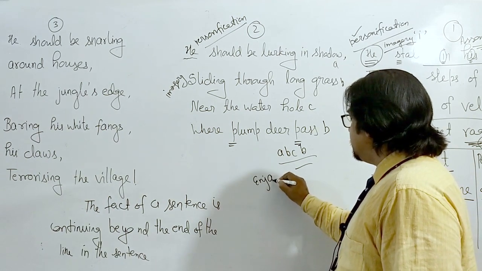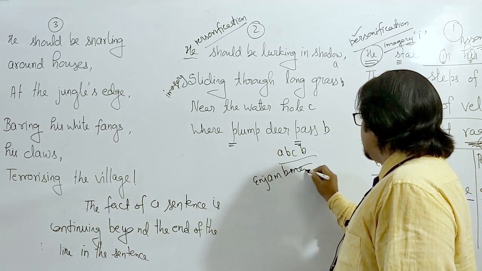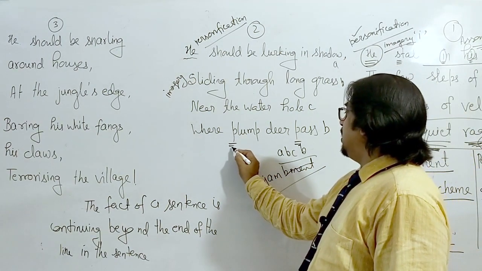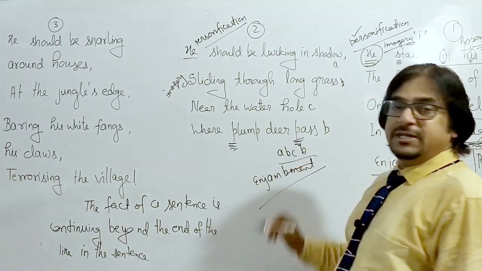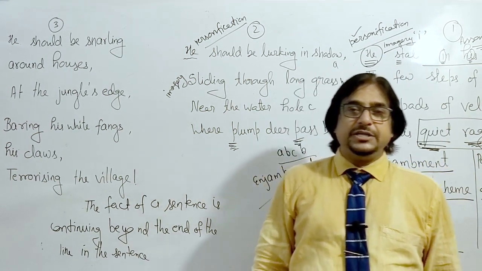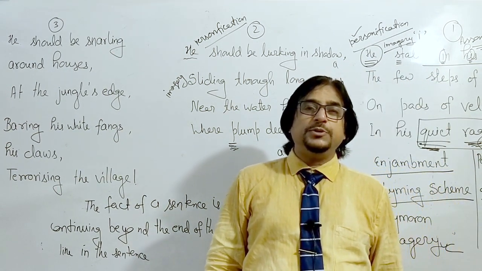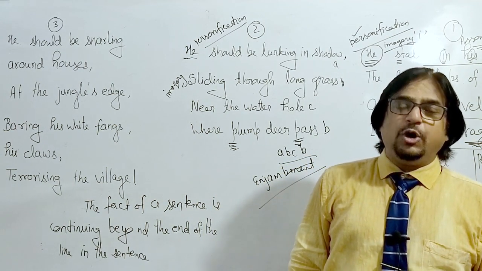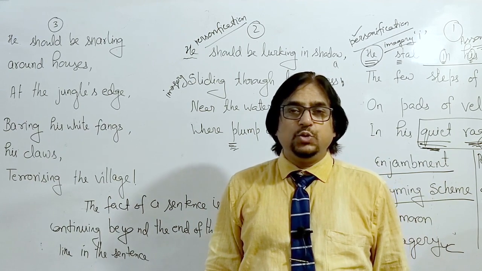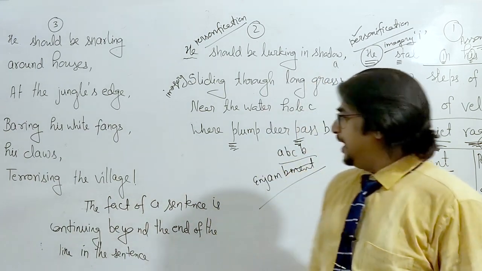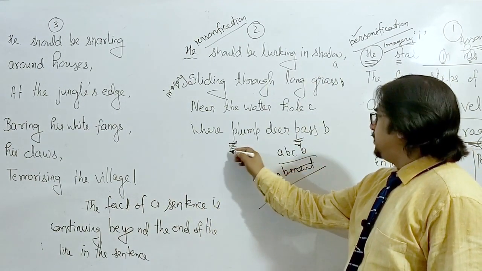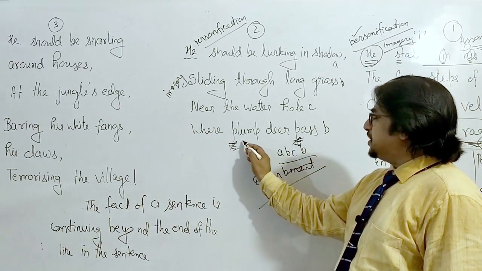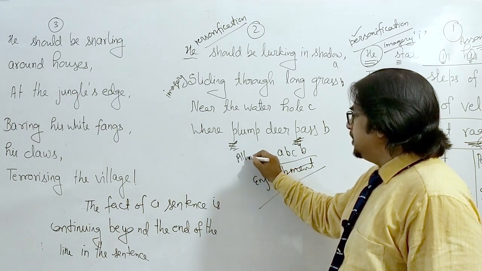And at last we are getting alliteration, P. Alliteration is the repetition of the consonant sound at the beginning of consecutive words. Here we are getting plump, P and P, so alliteration is here.